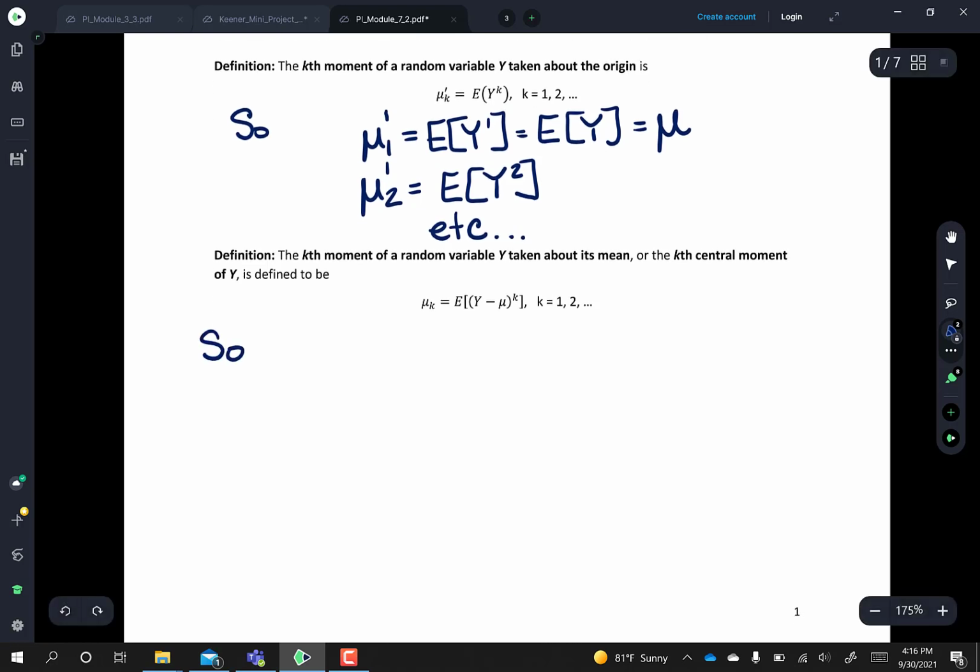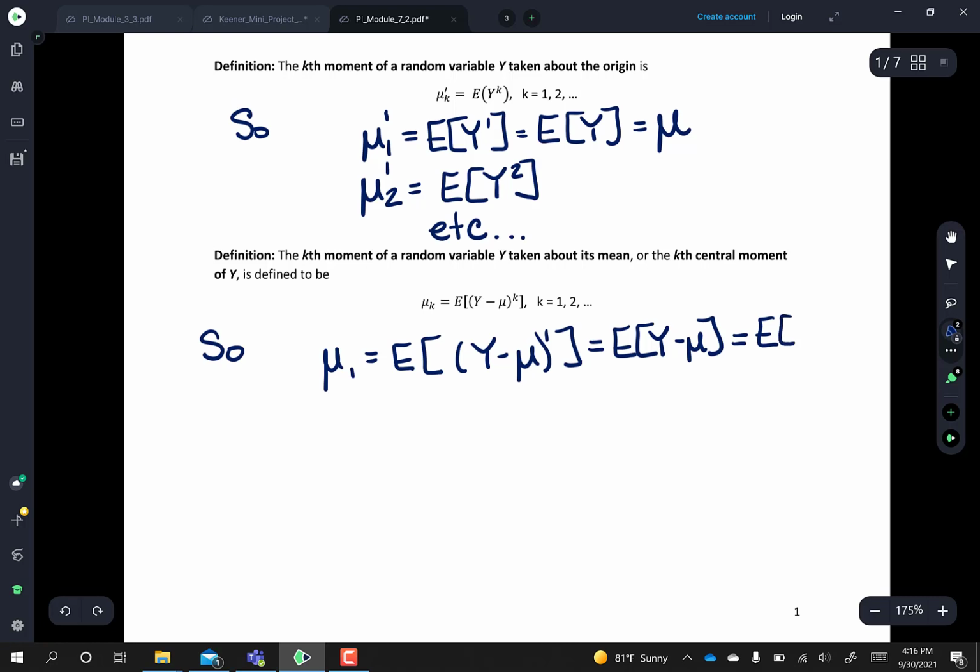We'll first look at the first central moment. So mu_1 is equal to the expected value of y minus mu to the first power, which is the expected value of y minus mu.